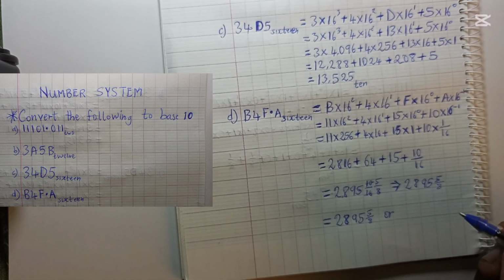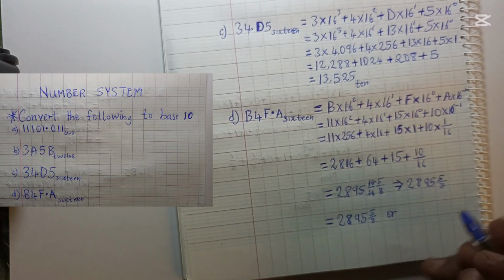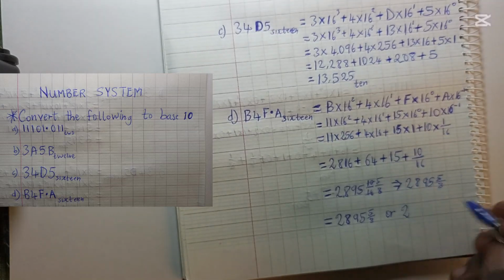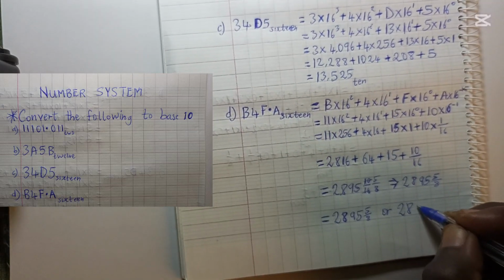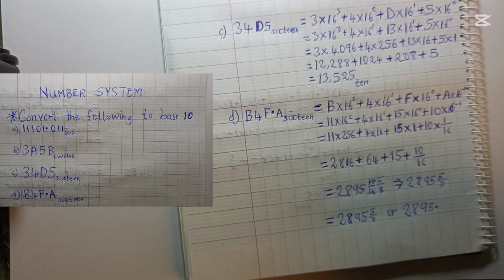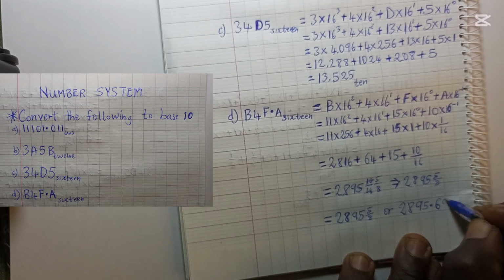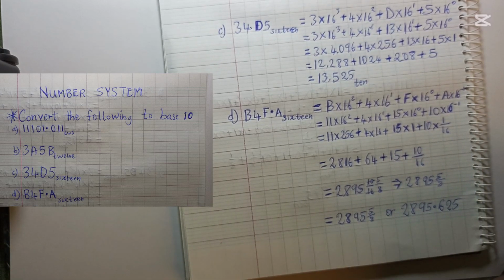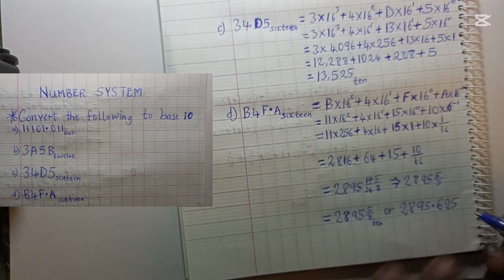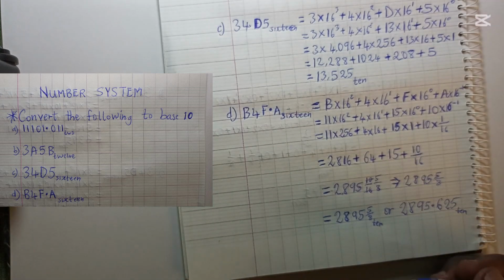Or when you change 5 over 8 to decimal, we are going to have 2,895.625. So indicate your base 10. Any of them can be the final answer.